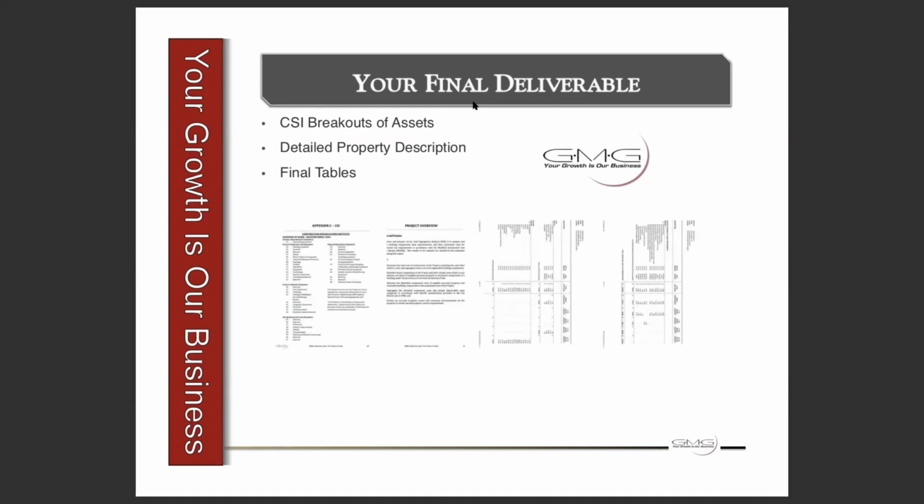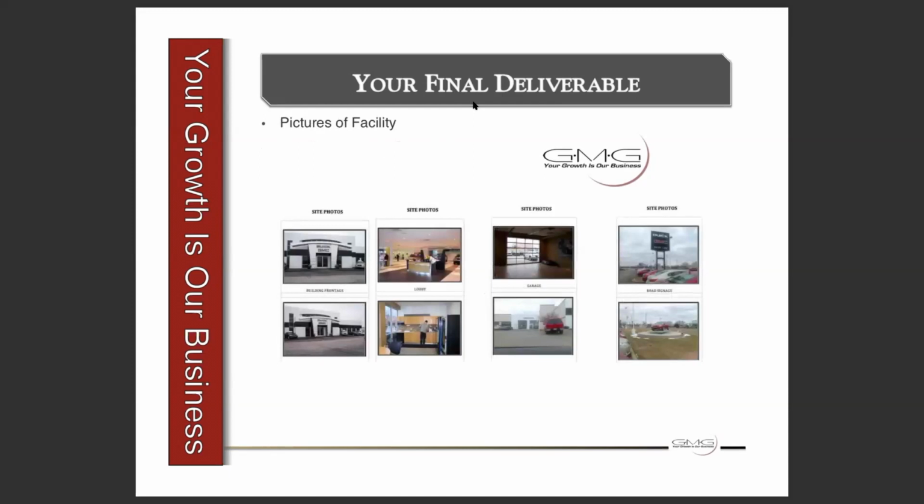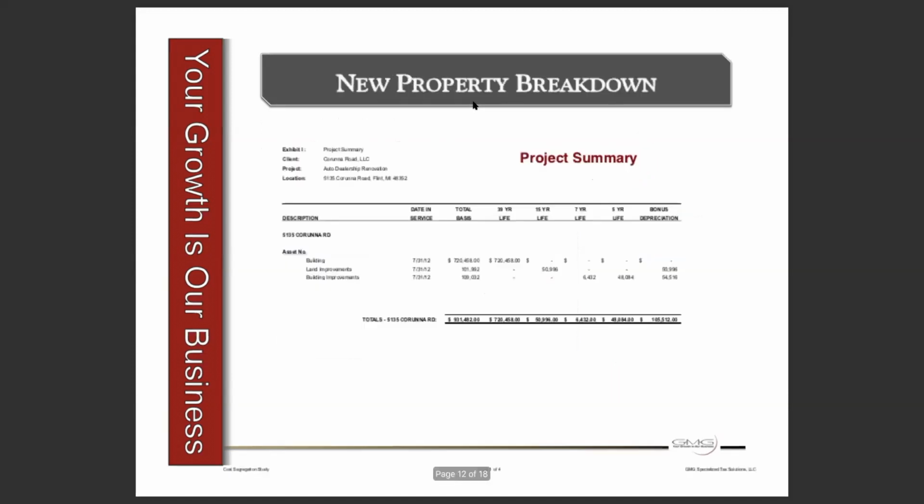It's going to have all of the new CSI breakouts of the assets, the property descriptions, all the final tables and calculations. Like I said, we're going to ask for a few pictures, so it'll have the pictures of the facility built into the report, and then all of the new property breakdowns.